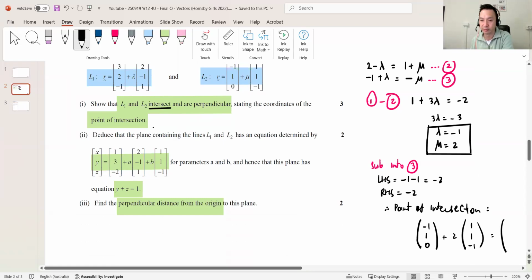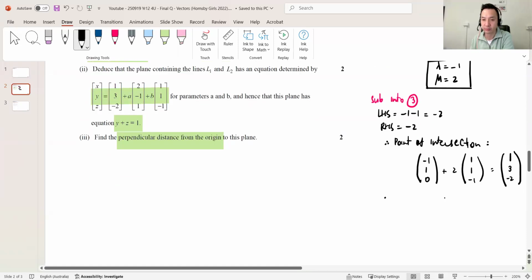What's that, guys? -1 plus 2 is 1, 3, -2. So the point of intersection equals (1, 3, -2). That's 2 marks probably out of the 3.